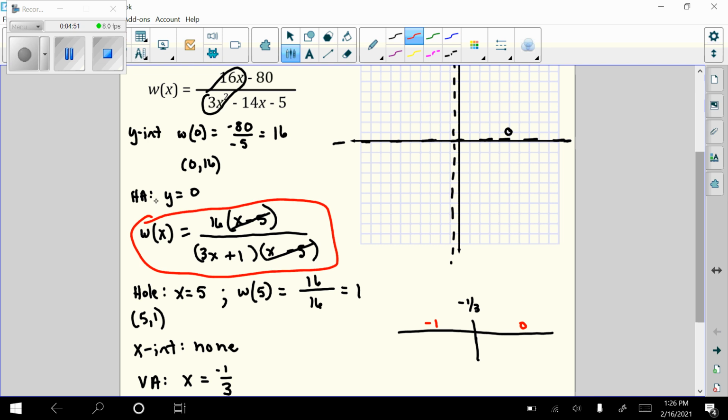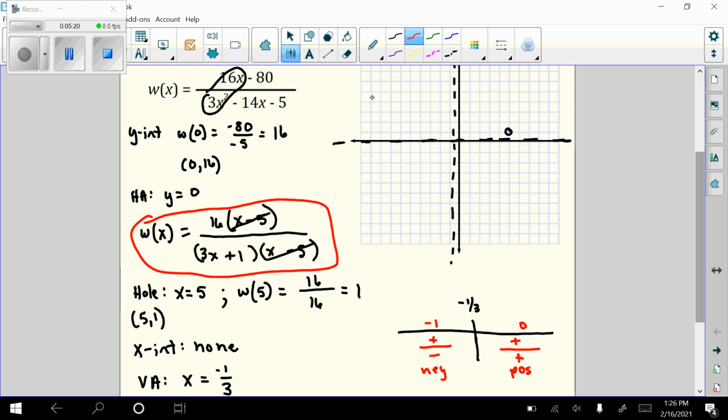So if I put a negative 1 in there, well, my 16 is constant, so I get a positive 16 on the top. And then 3 times negative 1 plus 1 is negative. So that portion of the graph to the left of the vertical asymptote will be negative. If I put 0 in there, my 16 is constant, it's still positive. And I get a positive on the bottom, so I get positive.